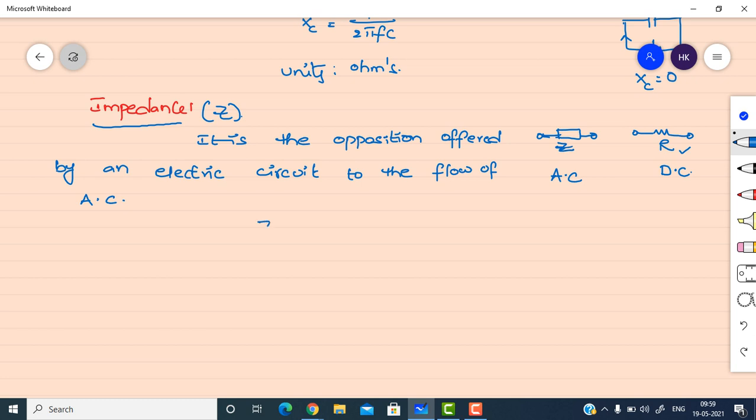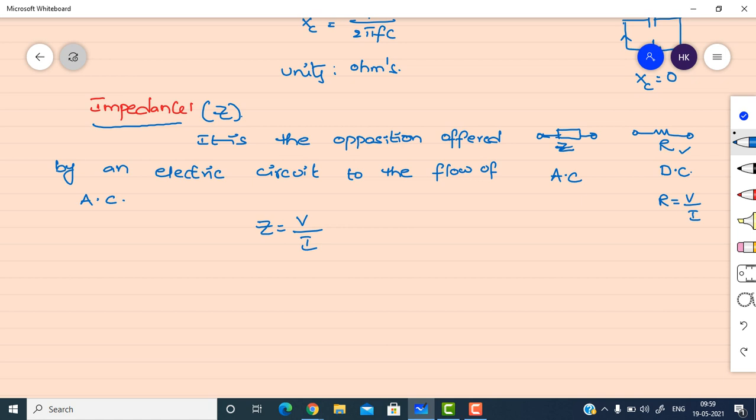And it is also defined as impedance is equal to the ratio of alternating voltage to the alternating current. Just like resistance, R is equal to V by I, right? So this is DC voltage and DC current. In case of AC circuits, impedance is the ratio of alternating voltage to the alternating current.